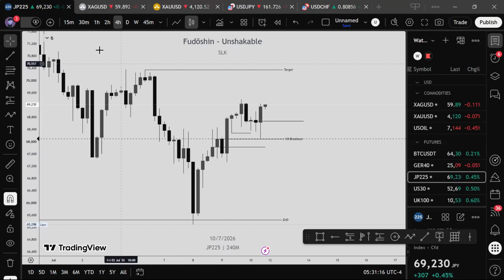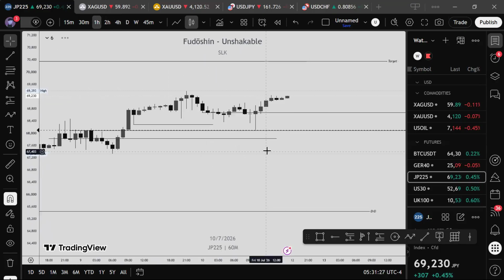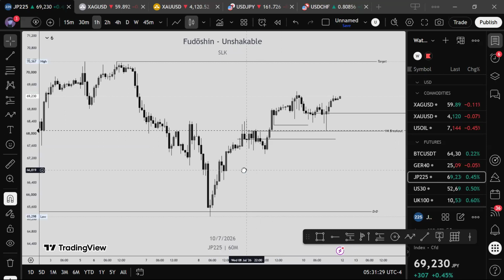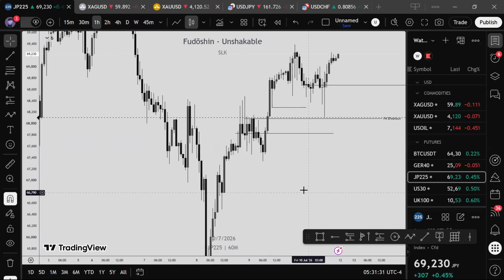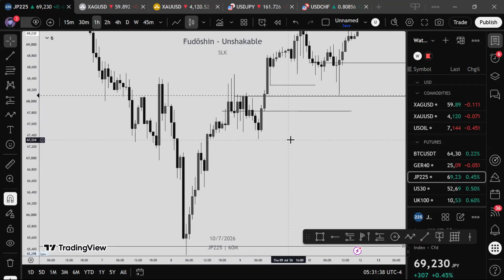But I think this is where emotions were coming in. I was high on Japan 225, selling, so I think I was looking for more of it. That's a personal error. It's a very stupid one. I shouldn't have been selling. There's really nothing there.